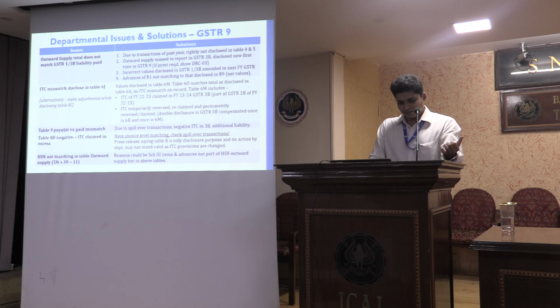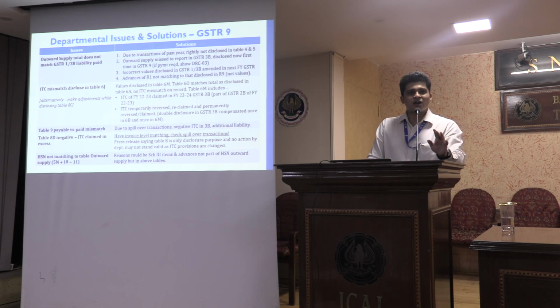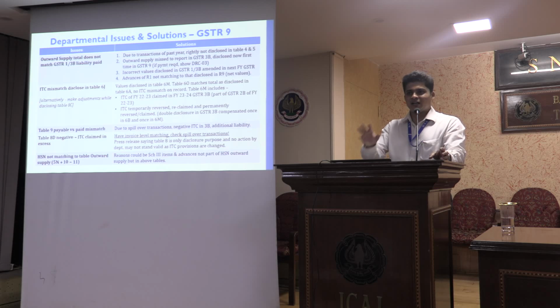which is being raised. A very common issue: advances which are disclosed in GSTR 1 are not matching with GSTR 9. GSTR 9 requires that your table 4F advances is net advances for the financial year. How are we computing that? We are taking total advances for the year which are paid, and total advances adjusted for the year.